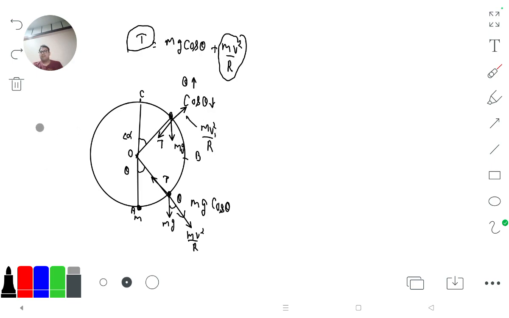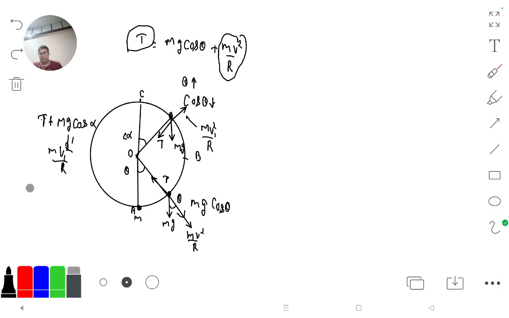Therefore, tension T, which is acting towards the center, plus the component of the weight, mg cos alpha, will act towards the center of the circular path, and the centrifugal force, which is equal to mv1 square upon r, will act away from the center.